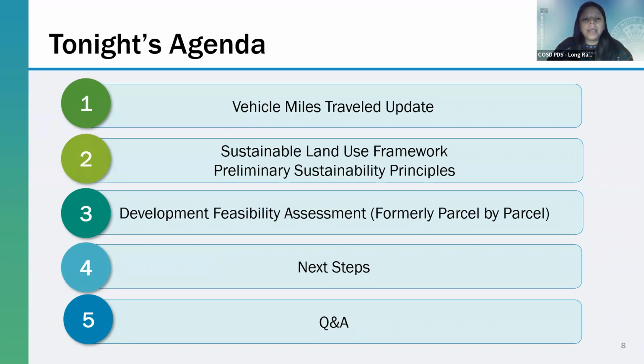We most definitely will be seeking your input on the preliminary set of principles that have been developed in consideration of best practices and prior stakeholder outreach. And these will be used to guide development of the framework moving forward.